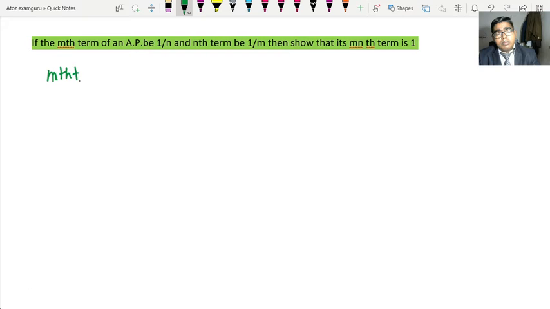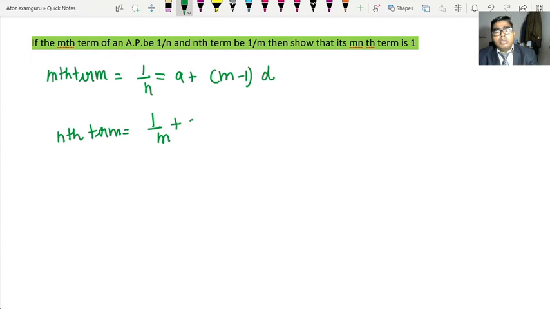Let the first term be A and the common difference D, then 1 by n equals A plus m minus 1 into D. And the nth term is 1 by m, which is A plus n minus 1 into D. Now we have to prove that the mth term is 1.